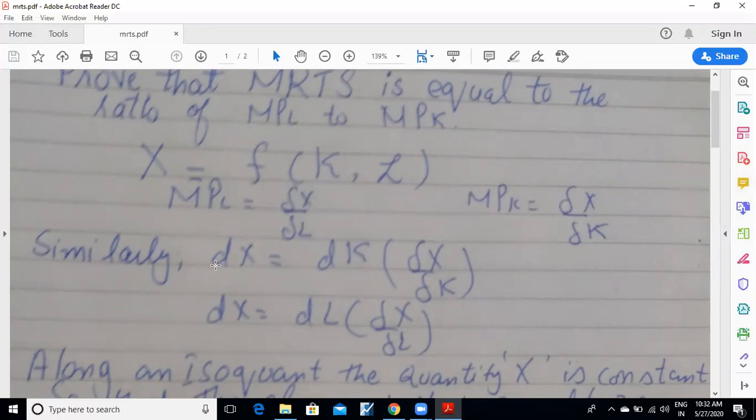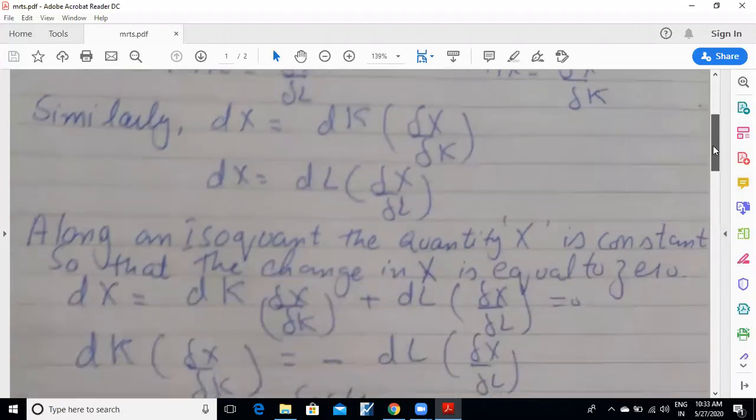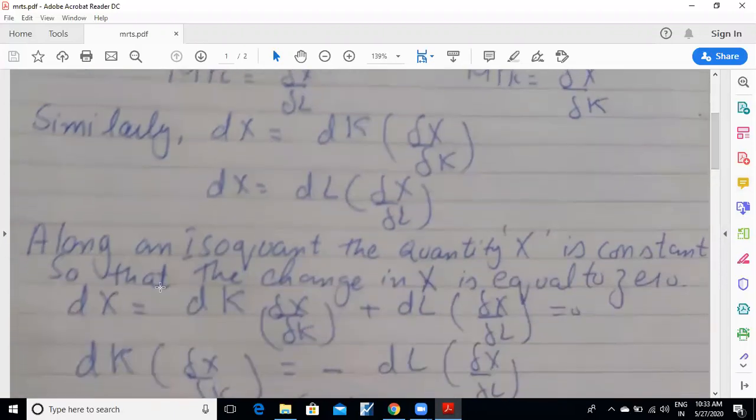Now we shall take the total derivative of this output function, first with respect to capital and then with respect to labor. So the total derivative is dX equal to dK into partial X over partial K, and similarly with respect to labor, dL into partial X over partial L. As we have discussed, along an isoquant the quantity X is constant, so the change in X is equal to 0.